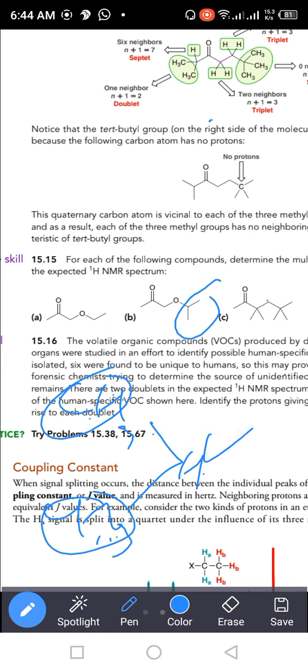And what about this proton? If we talk about this proton's splitting, how many neighbors does it have? 6 protons. So this single proton has a splitting of 7 peaks, a septet. So the single proton gives a septet.